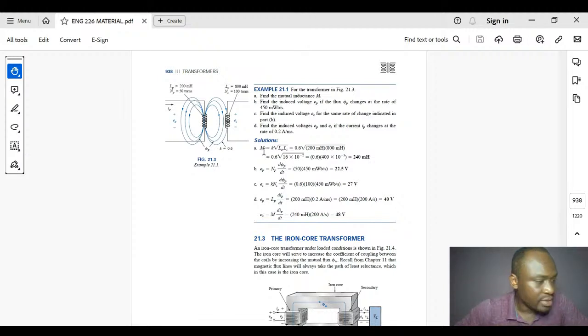For A, we have the coefficient of coupling. This is it here, which is 0.6.